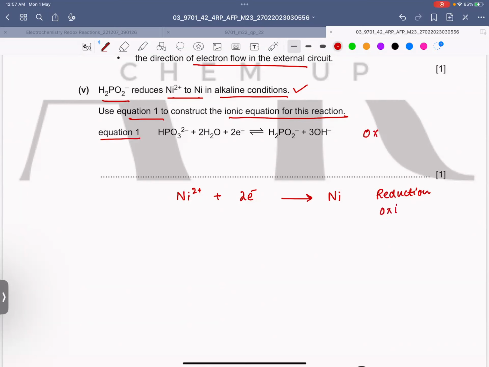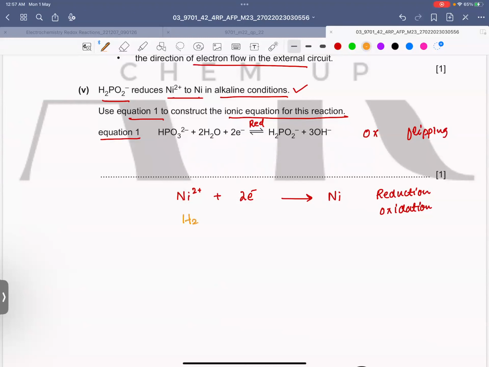So if the oxidation is taking place in this half cell, then in this equation there is a reduction in the forward reaction. So to make the ionic equation, you have to flip this equation. So I am writing this equation by flipping it over here.